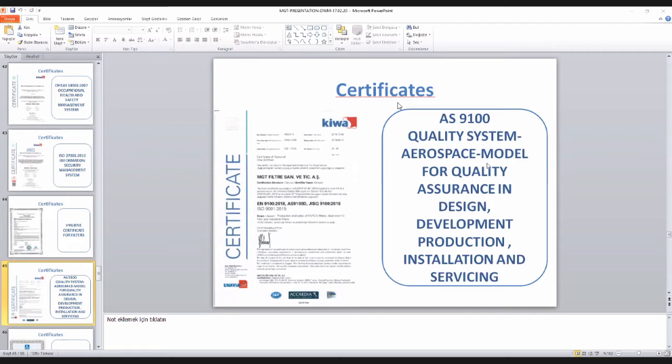Air filters, there are very many companies around the world who produce air filters like us. But for airplanes, around the world, there are only 3 companies which produce these filters, maybe more than that.